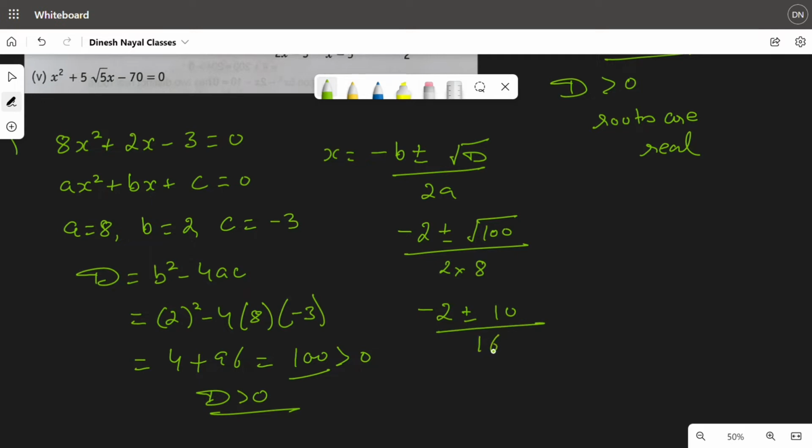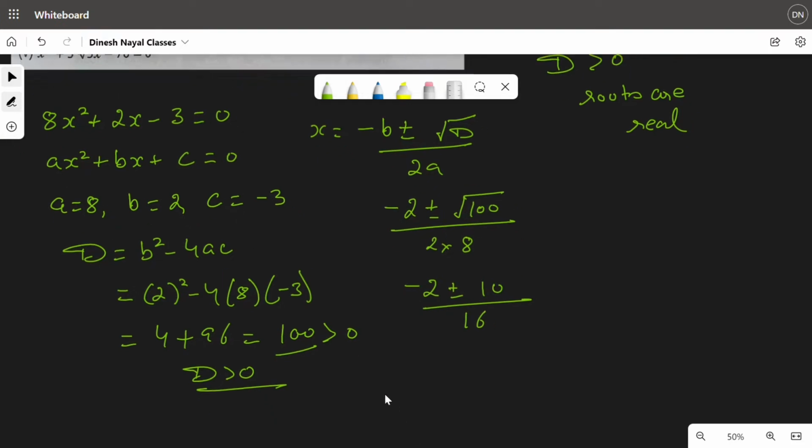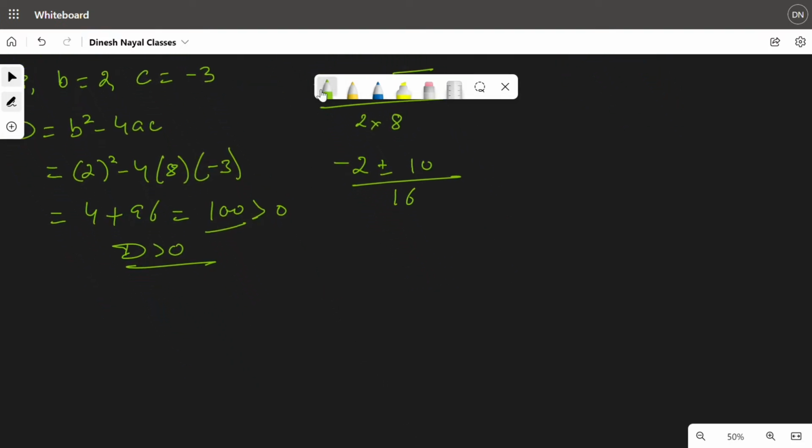So one of the roots is minus 2 minus 10 by 16, which is minus 12 by 16. Simplifying by cancelling with 4, this is minus 3 by 4.